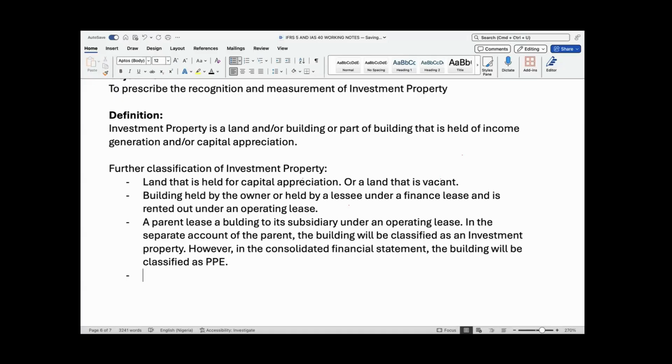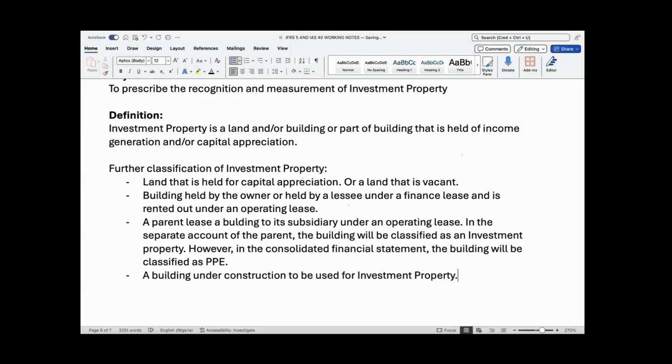Also, a building under construction to be used for investment property, you can put it in your books as an investment property as well. So these are the basic classifications that we need to know when it comes to investment property.